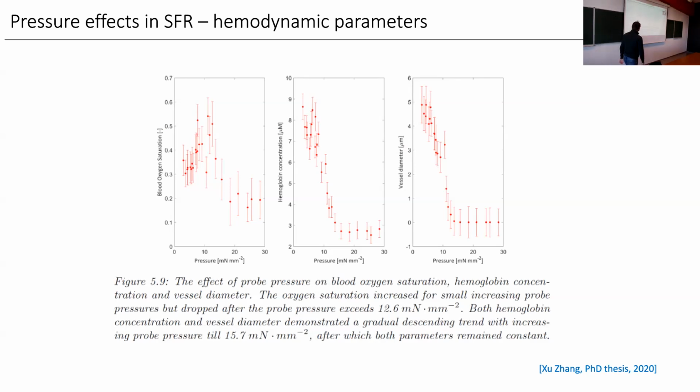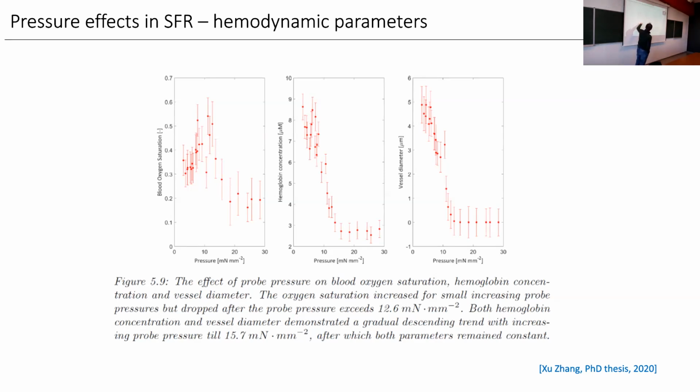Now, Xu, one of our PhD students, tried to do that a little bit more systematically. We used that same complicated model where all the physiological parameters came out, and then tried to extract them as a function of the pressure that we applied.